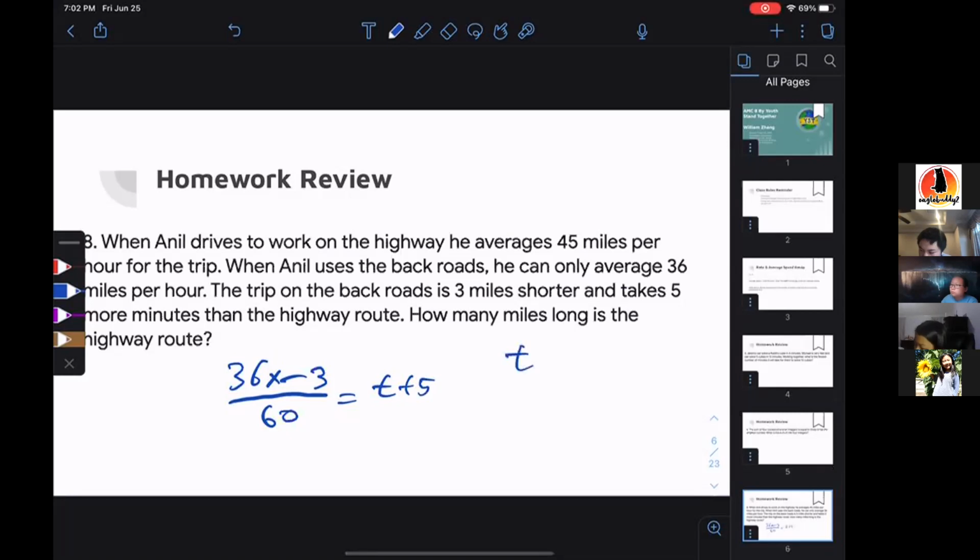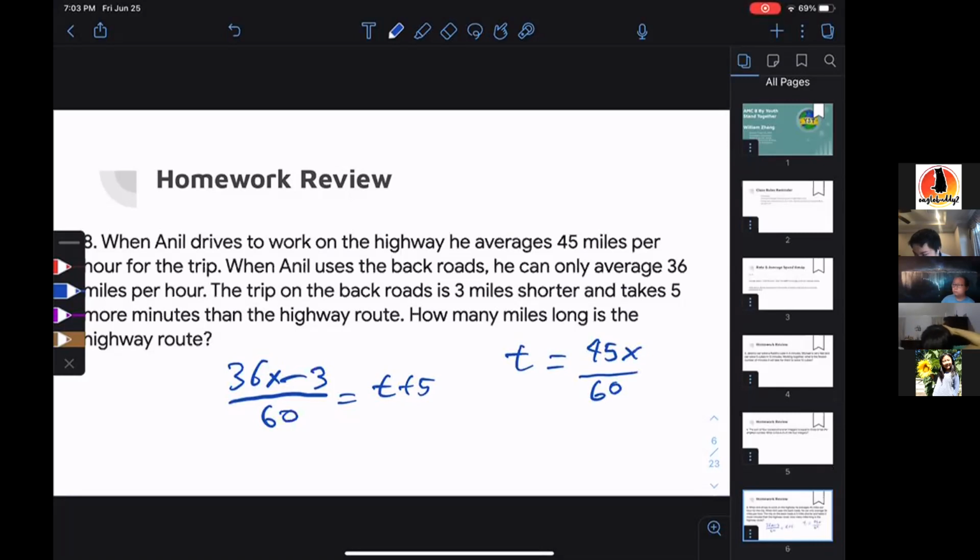The highway is t equals 45x over 60. And then we are trying to find x.